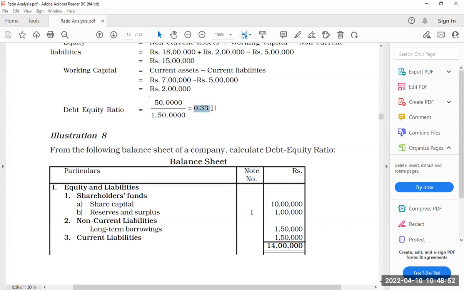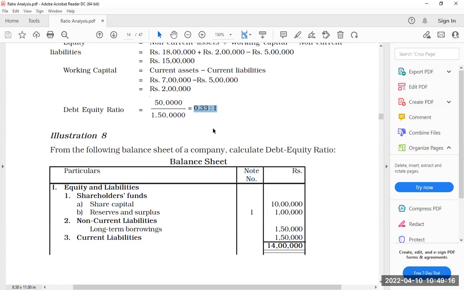But what is here? So this company is a loss. The basic purpose for which you are calculating this ratio is not to find out the company's loss or profit. Always in our mind there are only two possibilities, loss or profit. It's not measuring loss or profit. To measure loss or profit, we have another group called profitability ratios.